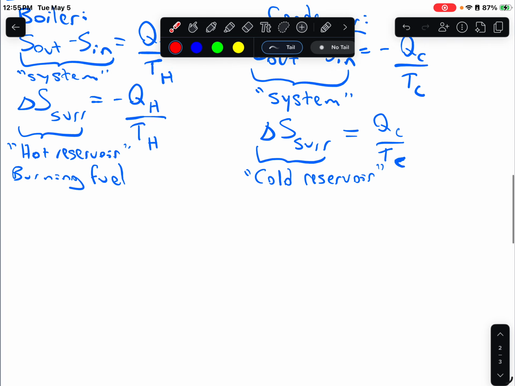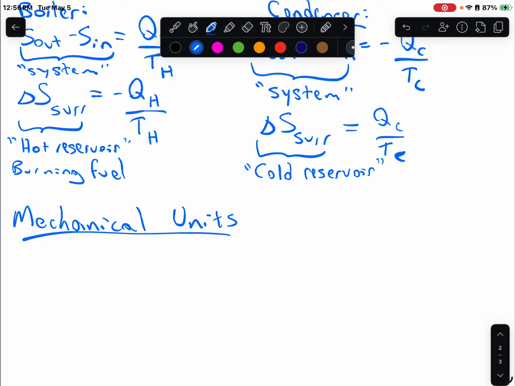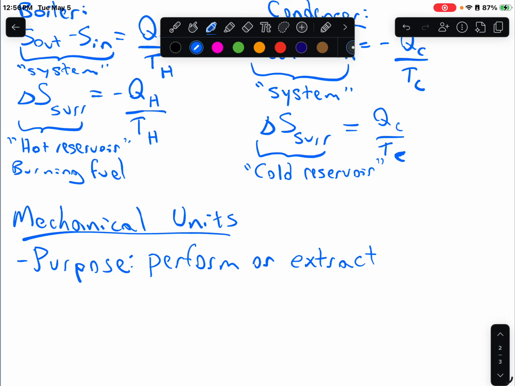Okay, so let's talk about mechanical units. So the purpose is to perform work or extract work. In the case of the pump, you are putting work into the system.